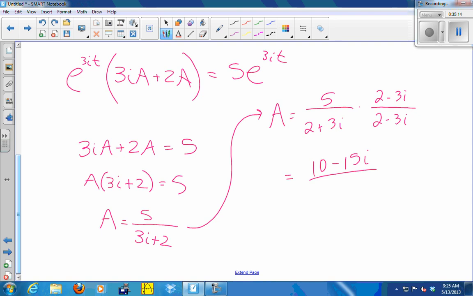You have to have it written in the a plus bi form in order to grab the real or the imaginary part. So when you FOIL these, you get 4 plus 9, which is 13. So we have 10 13ths minus 15 13ths i. So we wrote it in the standard form there.